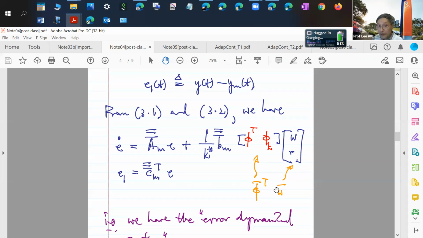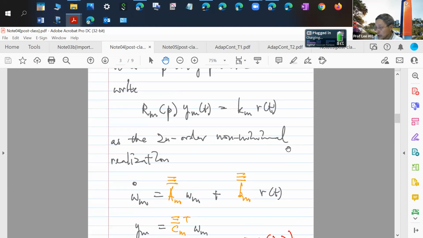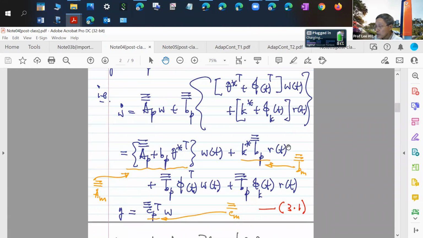This should be familiar to you, because it bears some similarity to lecture 2. Conceptually it is like this, except be very careful to note that we already know that if you put in the perfect control gains down here, you get AM triple bar, BM triple bar, and CM triple bar.